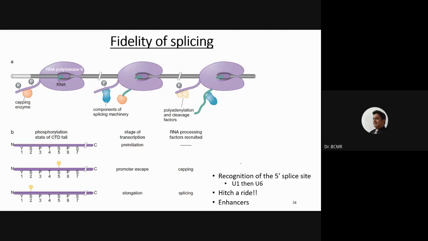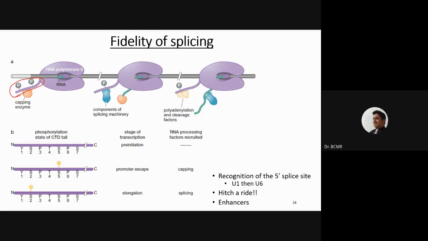How is fidelity ensured? As we learned in the last lesson about transcription, we learned about promoter escape, elongation, and so on. We also learned about the CTD, the carboxy terminal domain of RNA polymerase 2, which is long and extended.